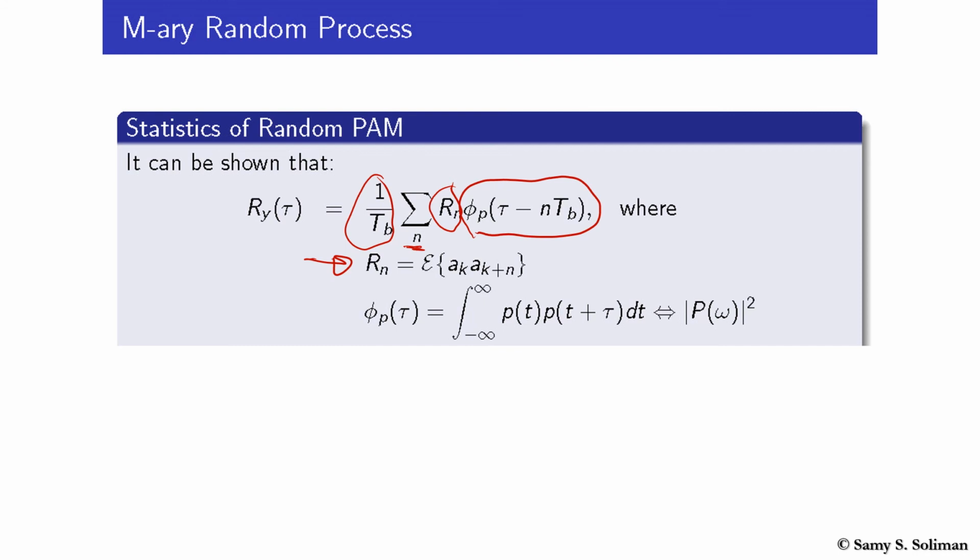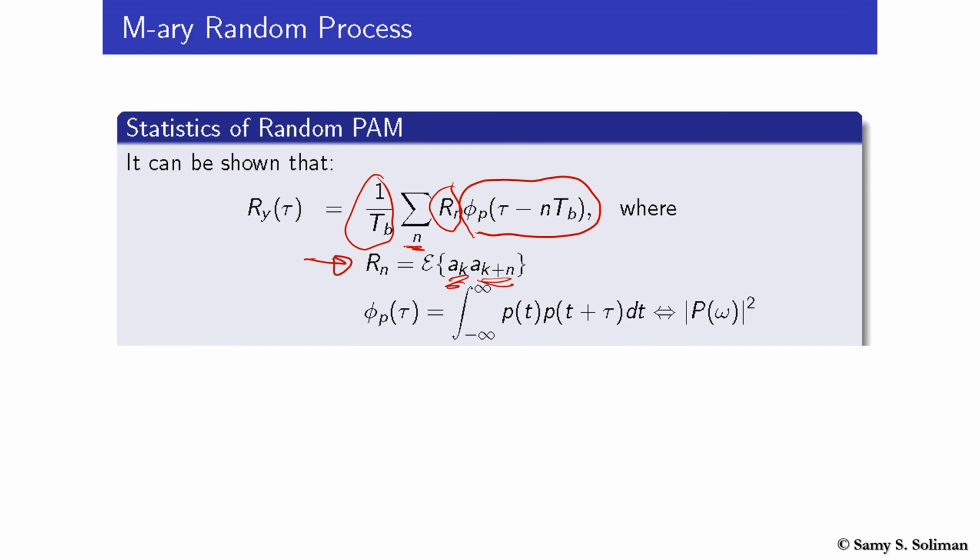Since we are multiplying the amplitude at time instant k times the amplitude at time instant k plus n, and we are taking the average, that is the definition of the autocorrelation function at time difference n. So r(n) can be calculated for the amplitude scales A_k irrespective of the pulse shape.